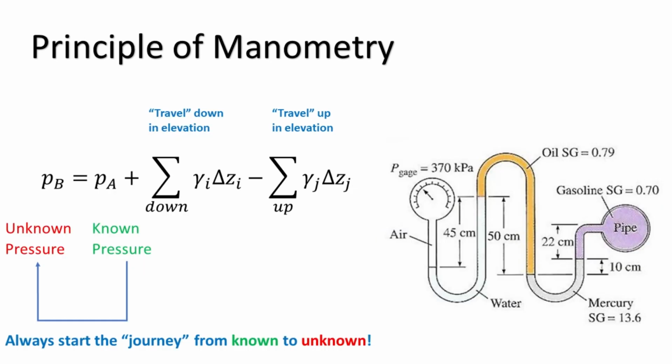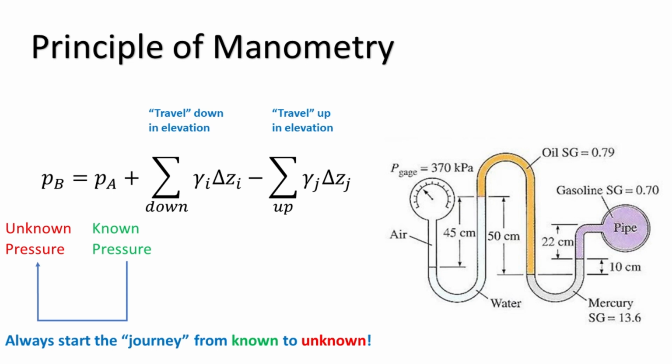Now let's summarize the principle of manometry. There are several fluids in a manometer. The pressure on one end is known as PA, and we want to calculate the unknown pressure PB. We will start a journey from A toward B. During this journey, we make a stop every time there is an interface between two different liquids.